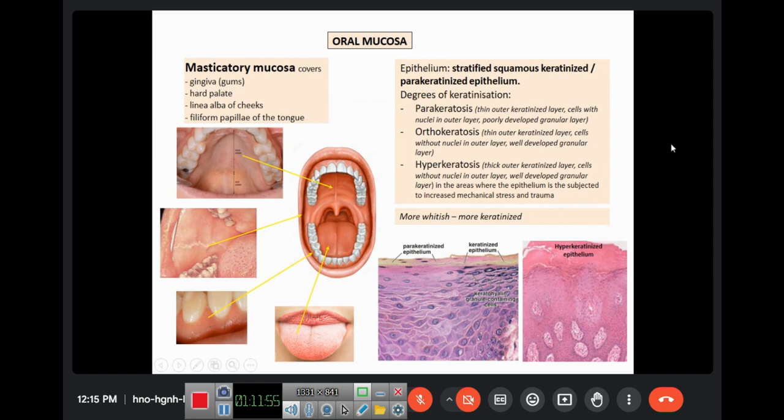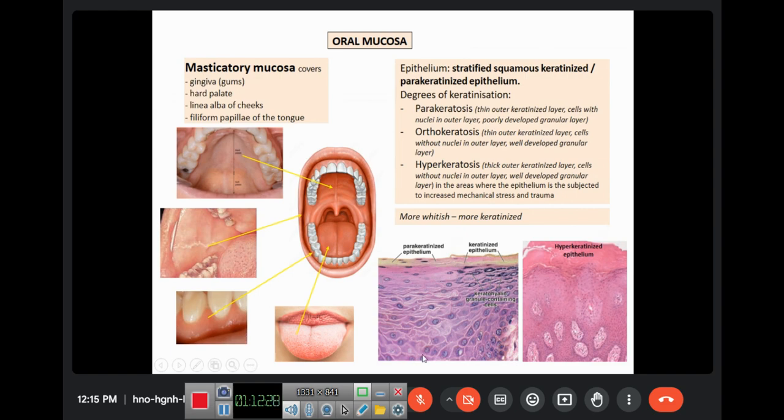And epithelium in these areas can be stratified squamous keratinized or parakeratinized. And we have three degrees of keratinization: parakeratosis, orthokeratosis, and hyperkeratosis. Parakeratosis means that we have the thin outer keratinized layer, but the cell nuclei are still present in the keratinized layer.